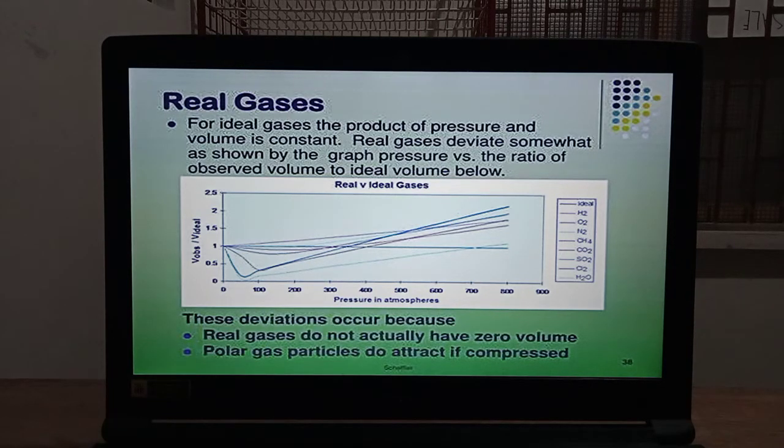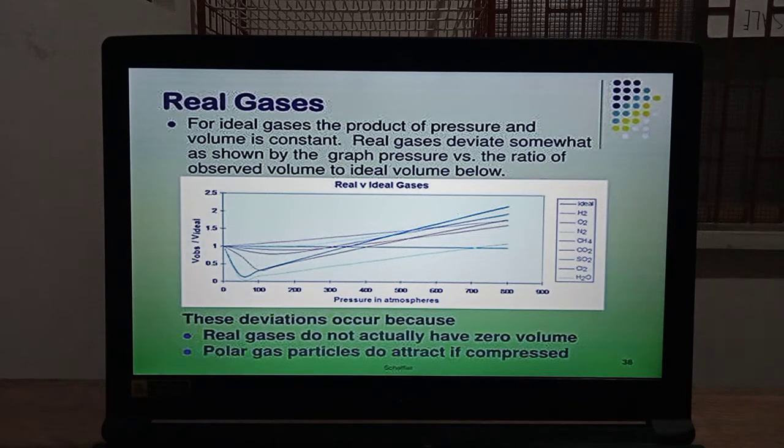The black line is the ideal gas, while the green one is N2, or nitrogen, and the graph also has oxygen, hydrogen, carbon dioxide, and water, H2O.